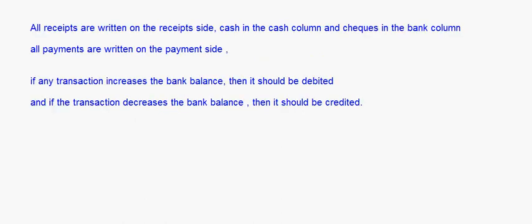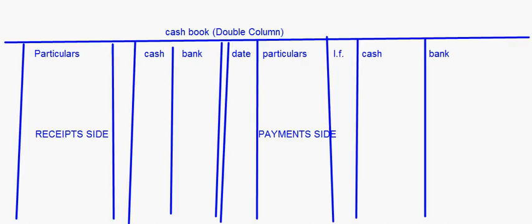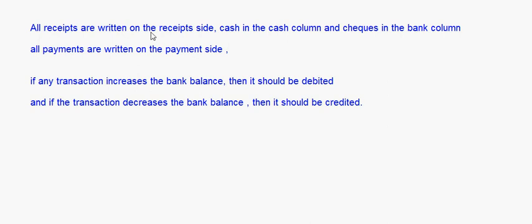So these are the basic things that you need to understand before we start with preparing a double column cash book. So what are the entries and where the transactions have to be recorded in the bank column? Here I have written it clearly. This is the receipt side, so all the receipts are written on the receipt side, cash in the cash column and checks in the bank column.